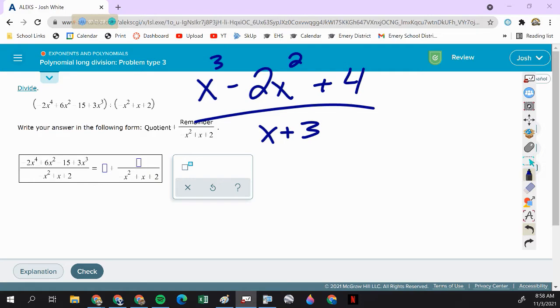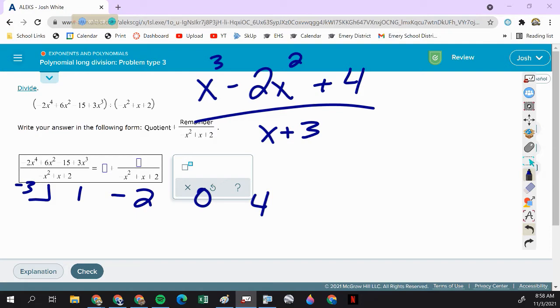Yes. So what number am I going to put in the corner? Negative 3. Is the numerator missing any x's? Yes. It's missing the x term. So I need to put a 0 in its place. 1, negative 2, 0, 4. If you don't put that 0, you cannot get the right answer.